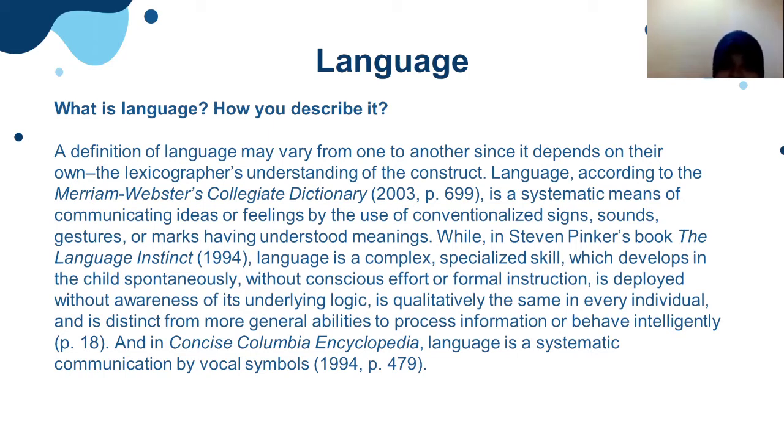And in the Columbia Encyclopedia, language is a systematic communication by vocal symbols.